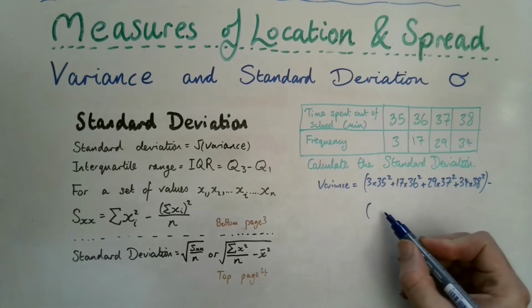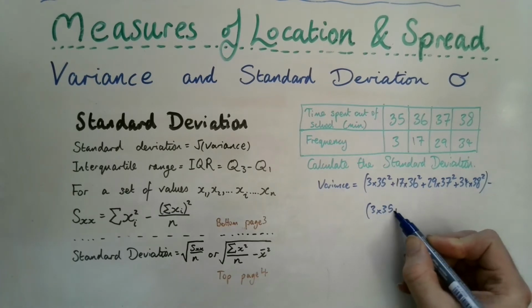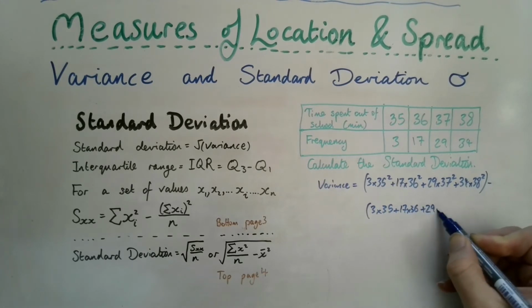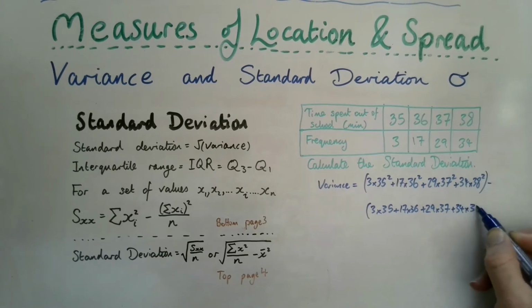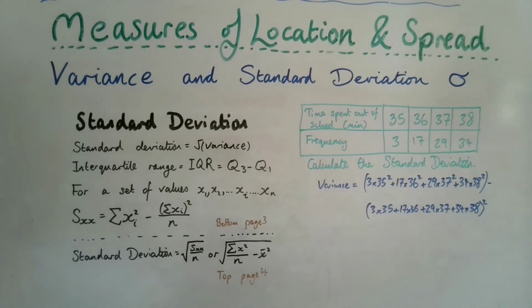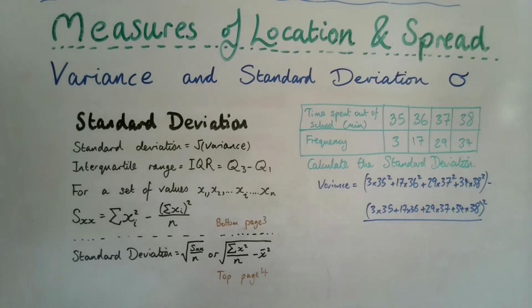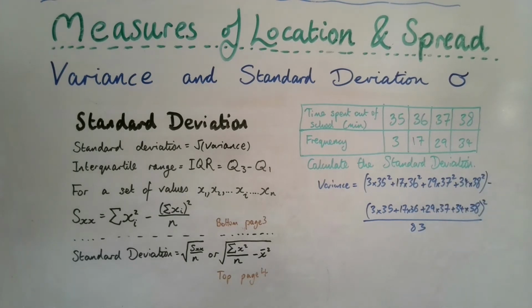Meaning what we're going to have to do is 3 times 35 plus 17 times 36 plus 29 times 37 plus 34 times 38 and square that, divide it by how many we've got, which is 83 if we add up our frequencies.